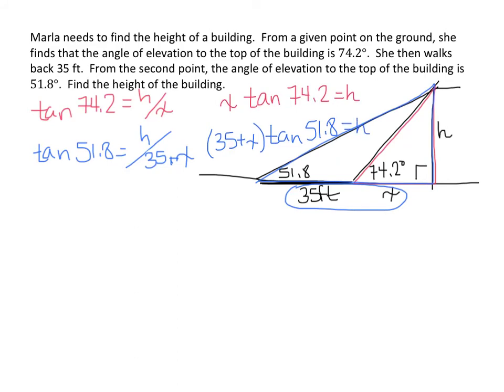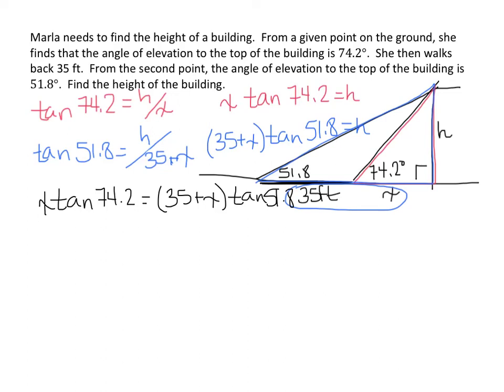Now one thing that's always true is that H is equal to H, meaning the blue height and the red height are equal to each other. So I can set the other sides of their equations equal to each other as well. And I get X times the tangent of 74.2 is equal to 35 plus X times the tangent of 51.8.